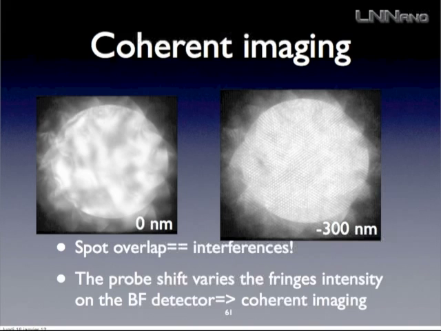It's exactly the same. So the idea of bright field imaging is that you take a detector which is smaller than the typical fringe size, you move the probe, and you record the change of this intensity as a function of the probe position. And then you will have a coherent imaging, even if you are using a probe.